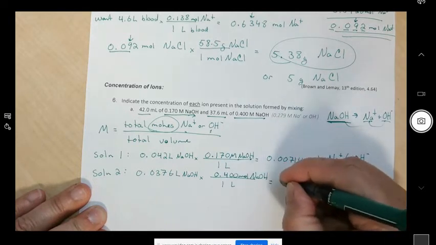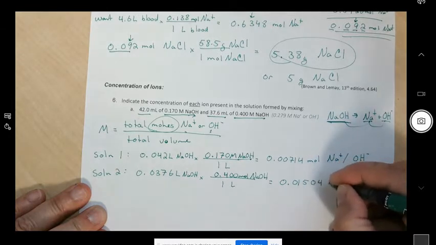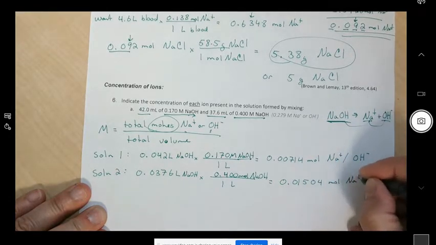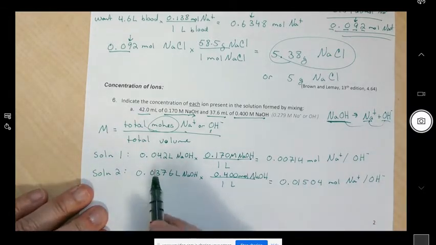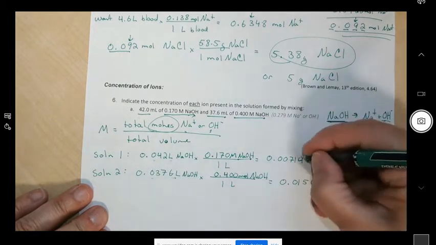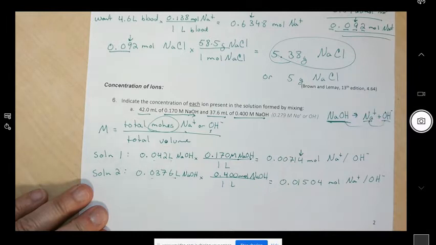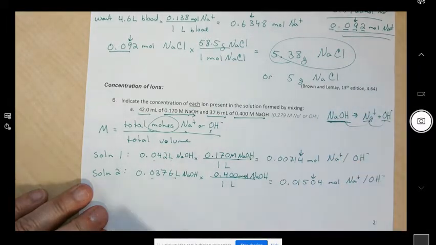So that's going to give me 0.01504 moles of both Na plus and OH minus. Now, keeping track of significant figures, I'm just going to throw this in here really quick. This has 3 sig figs, that has 3 sig figs. So here's my last significant figure there. 1, 2, 3. There's my last significant figure there.